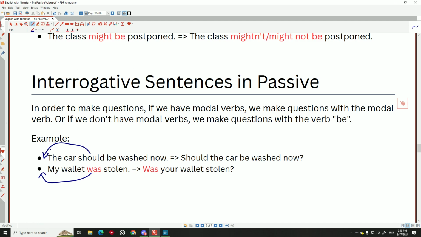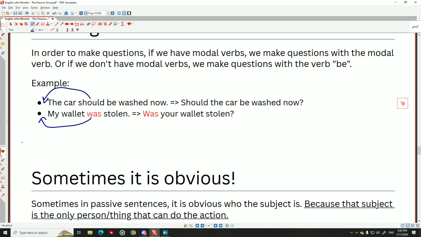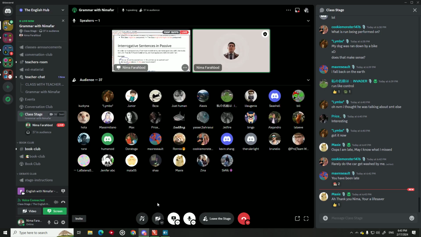Actually, up to here, it was all about the passive in simple words and for intermediate students. From now on, we will try to get one level higher and talk about something like upper intermediate or advanced. Sometimes it's obvious. Let me ask you something.